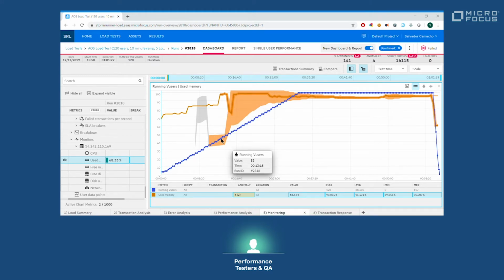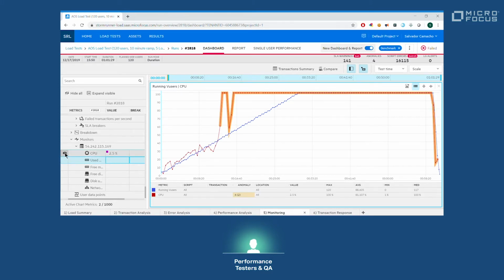But I don't see any obvious bottleneck. It went down and then up. If I put the CPU, you can see that the CPU around 13 minutes was at 40% or so. And then here, LoadRunner detected an anomaly, and it actually went to 100%.